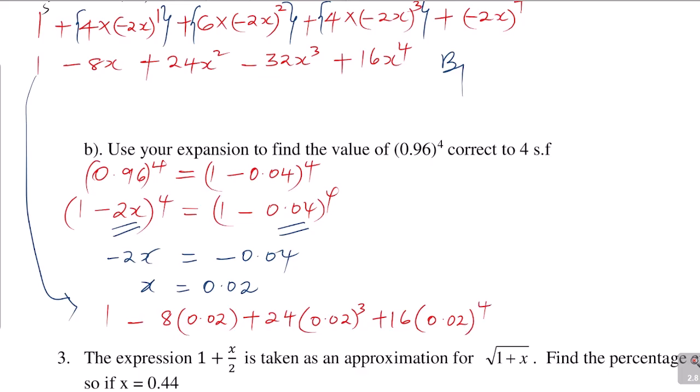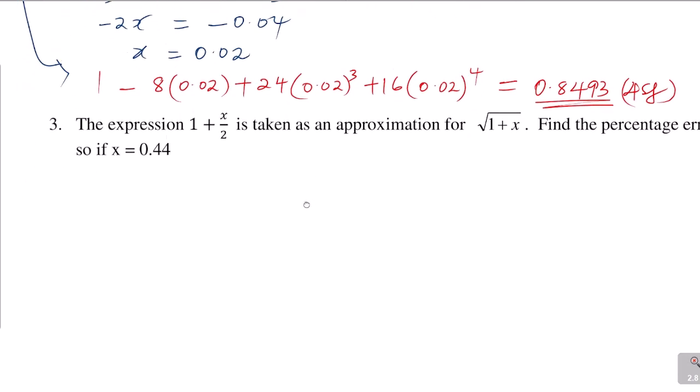You are simply taking that expansion and you substitute the value of x with 0.02. So from here, use your calculator to work out these. Carefully use your calculator and you give the answer correct to 4 significant figures, and this will be 0.8493. That is correct to 4 significant figures.